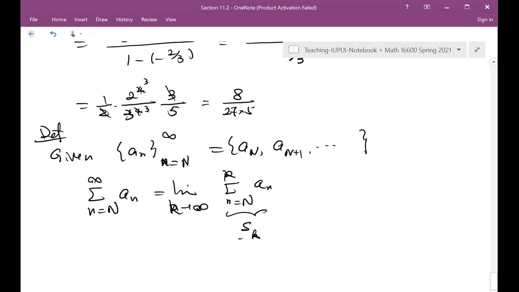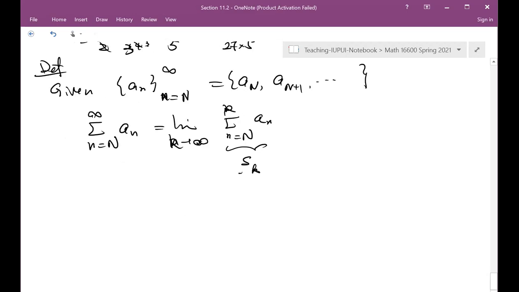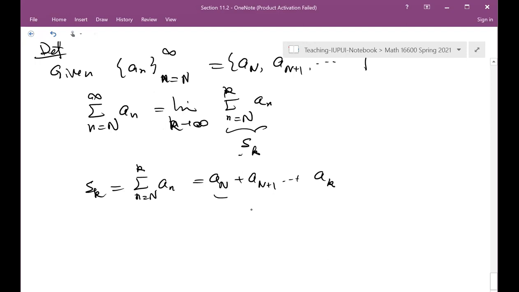So this is just the limit of another sequence. S_k is a finite sum. You begin with capital N, then N plus 1, up to A to the power k, the kth term. So this is called a finite sum. You don't need a limit here, but if you take the limit of this finite sum, then the limit is denoted by this notation.